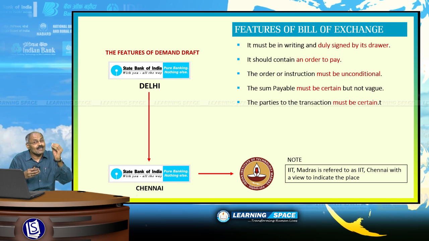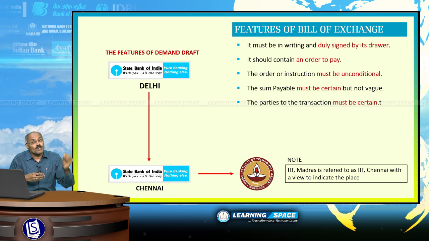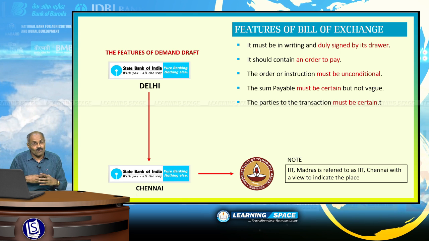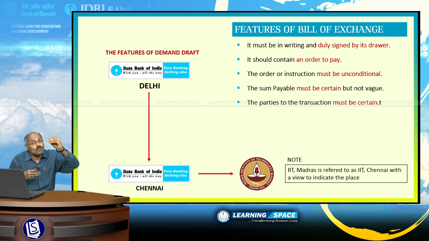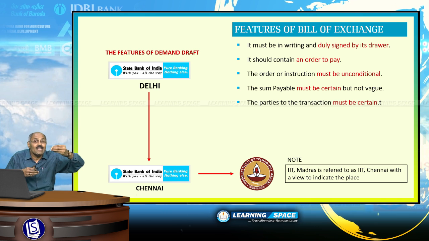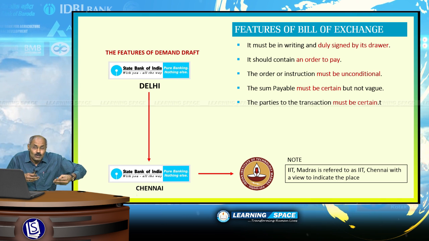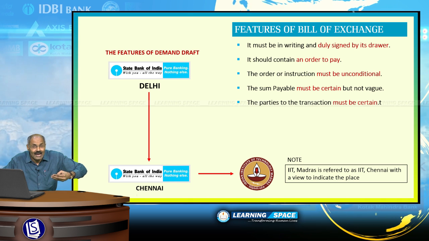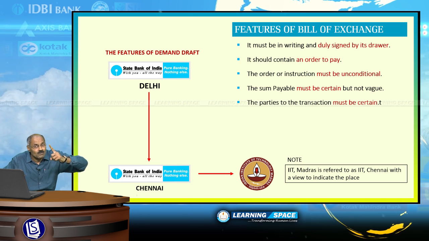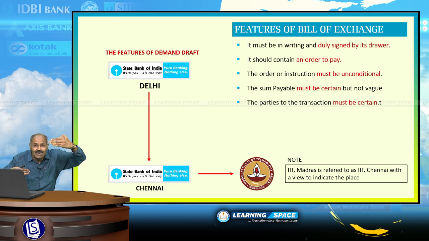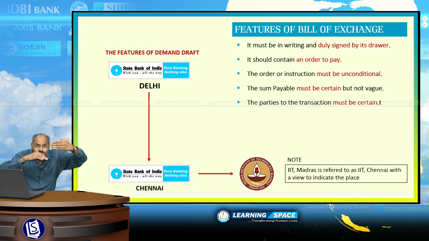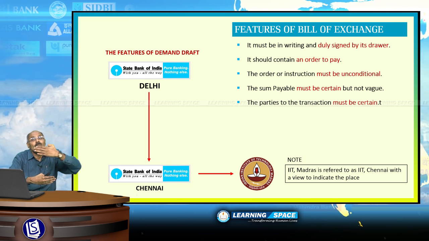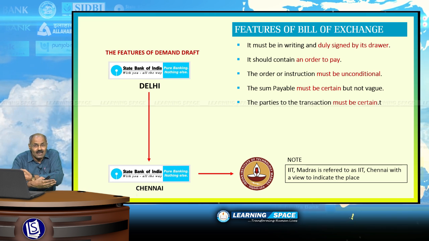Then you will take a demand draft, and your bank in Delhi will issue you a demand draft asking State Bank of India, Chennai to pay to IIT Chennai rupees 1 lakh.